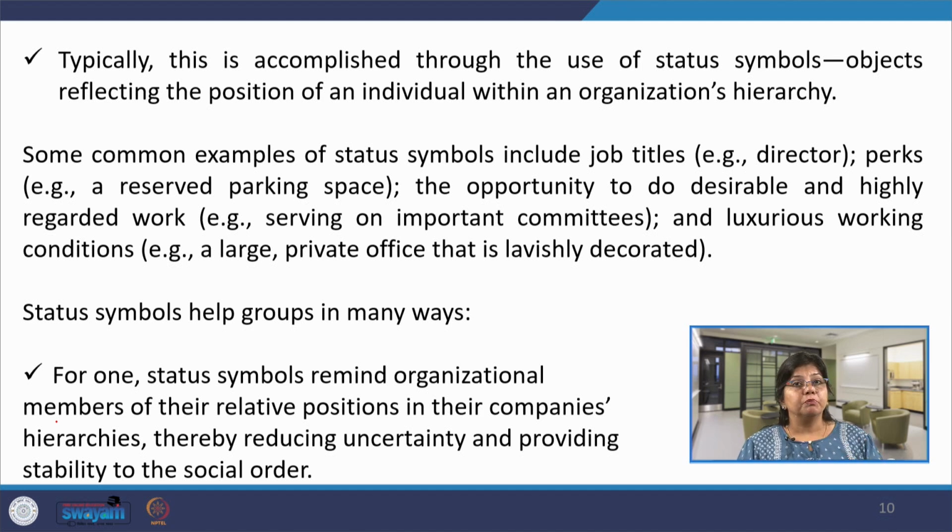It can be about the perks. The highest authority will be enjoying, or is entitled to, the highest number of perks in the organization. It can be about the opportunity to do desirable and highly regarded work. Maybe the CEO, the joint director or director will have the maximum opportunity to undertake any special task in comparison to other lower level employees, or luxurious work settings such as a large private office that is lavishly decorated.